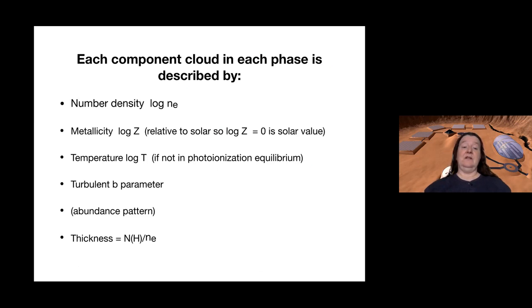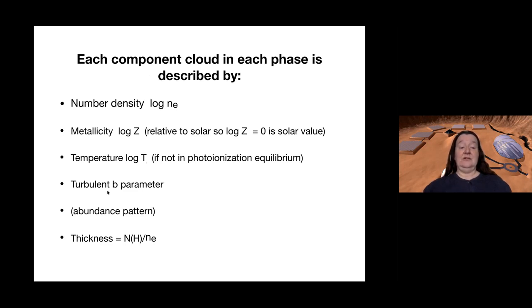We're going to consider that there are clouds of gas that are shaping the profiles, and each cloud in each phase has a different number density. Metallicity, I'll always define that as 0 for the solar value for log Z. The temperature, which is determined in Cloudy if in photoionization equilibrium, but we can have a higher temperature cloud where collisional processes are dominating.